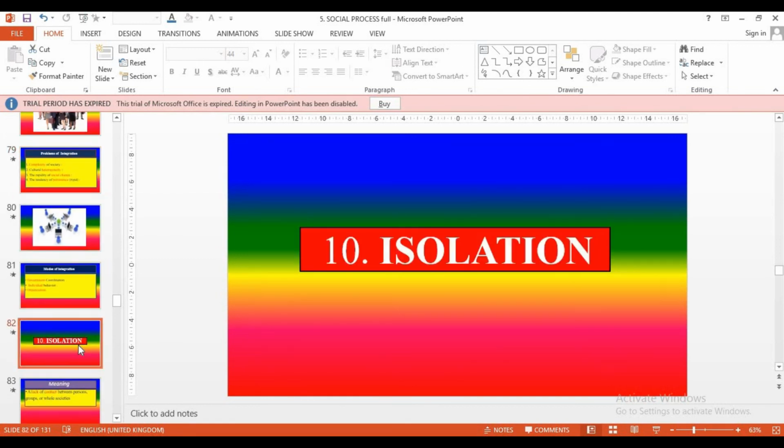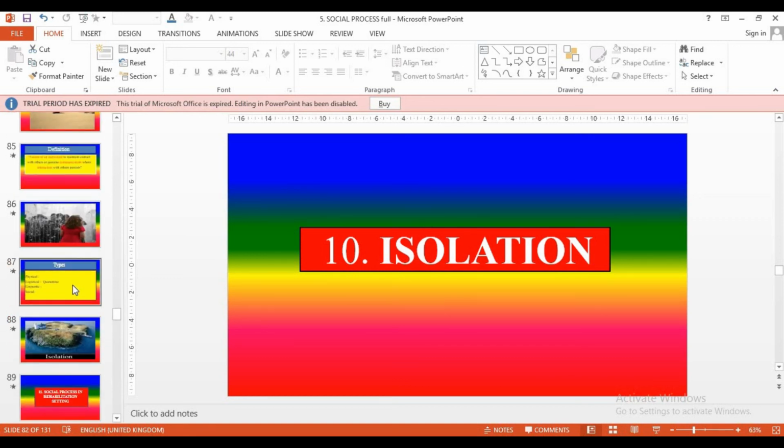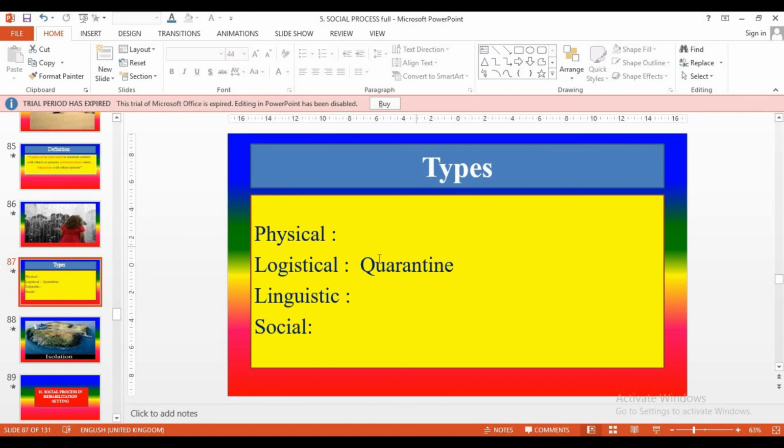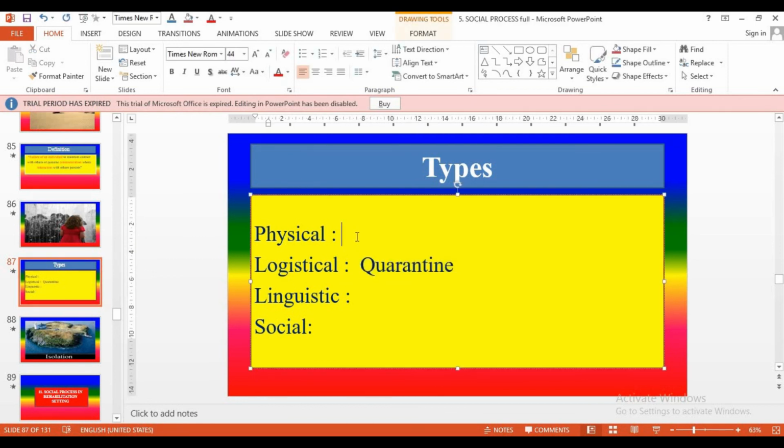Then isolation, genuine communication. Types mainly include logistical isolation, quarantine, limited contact with other people. And details about isolation in hospital we will learn next class, okay? That time you will be more aware of it.